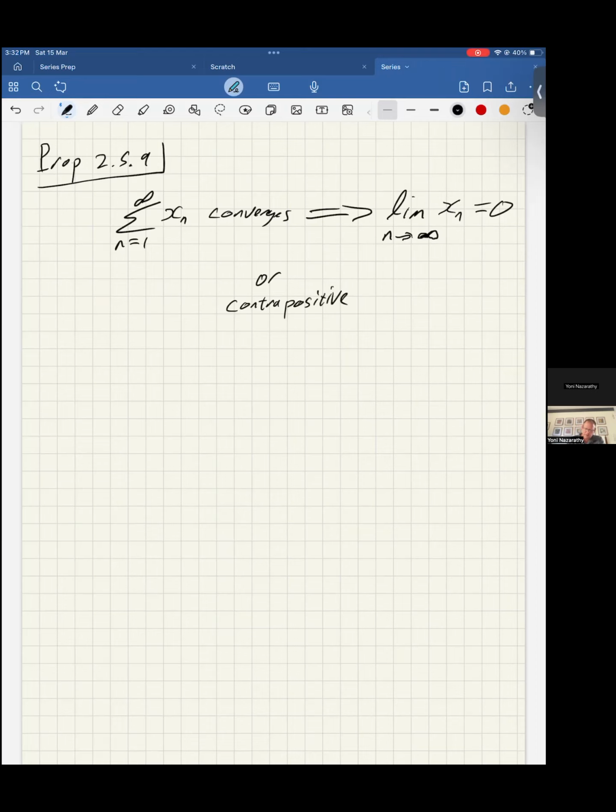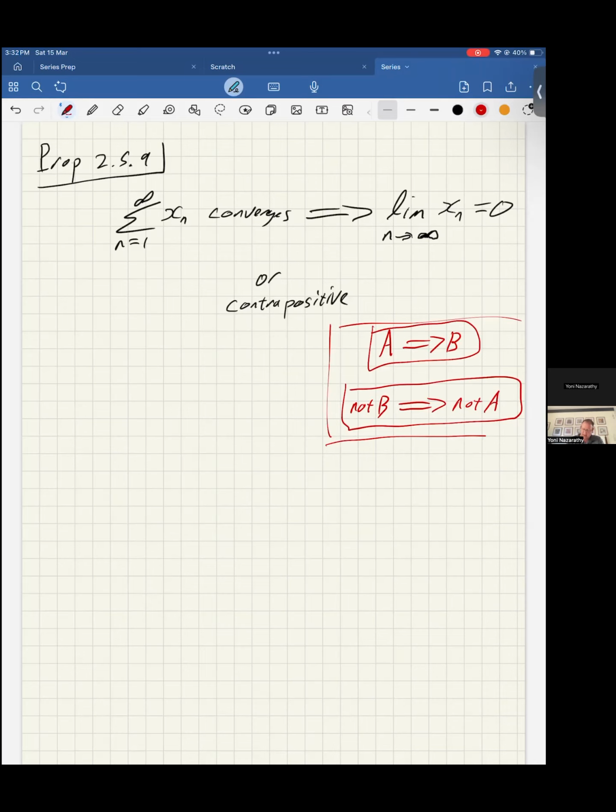Okay, so contrapositive, just a bit of a side statement, just in case that's not clear to you. If A implies B, the contrapositive of that is not B implies not A. So this statement and this statement, they are logically equivalent.